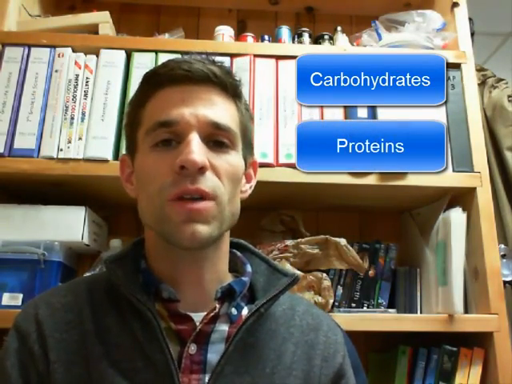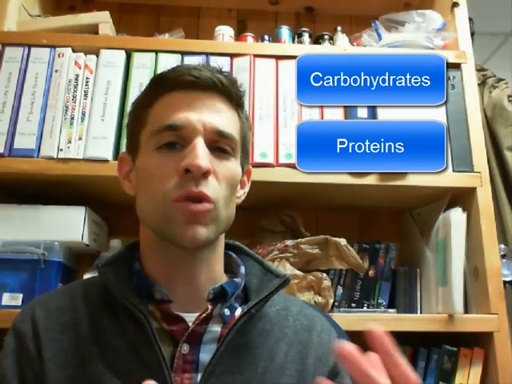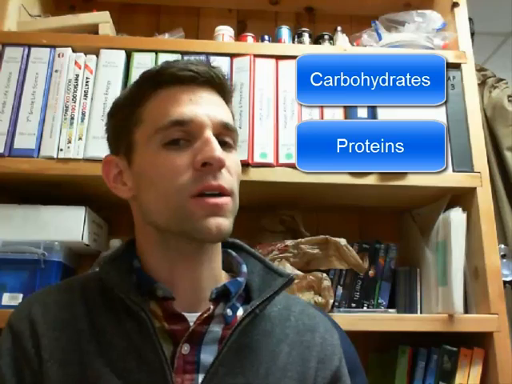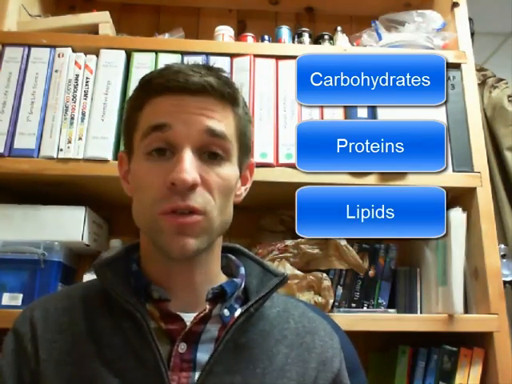So we also talked about the 4 main molecules that all living things, all living cells, must be made of. The first one was carbohydrates, the primary energy source for living things. The second was proteins. Those are the building blocks of cells. Those are the action molecules. For example, enzymes and hormones and antibodies are examples of proteins. And we talked about lipids and how lipids have a diverse array of functions.